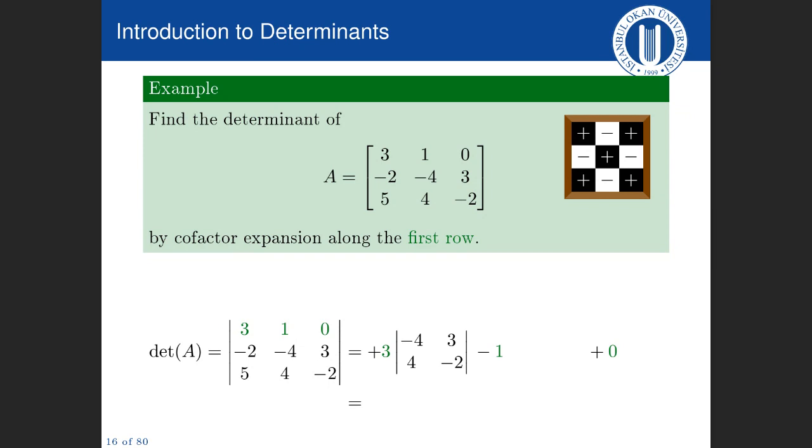And then I need the minor of entry A12. So I cross out the first row and the second column. I'm left with minus 2, 3, 5, minus 2. So we need that determinant. And then finally, cross out the first row and the third column. We're left with minus 2, minus 4, 5, 4.